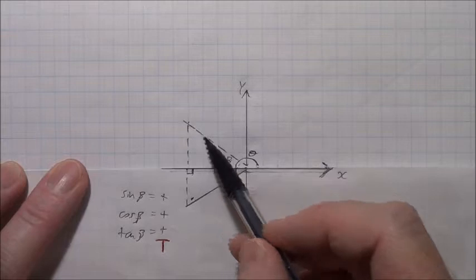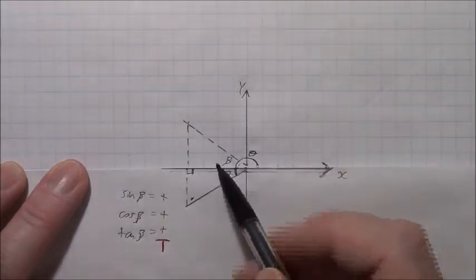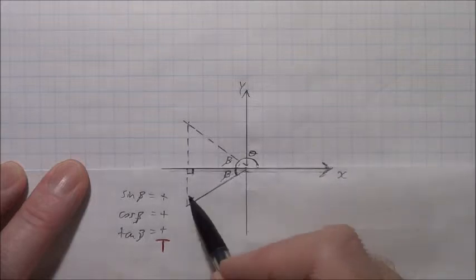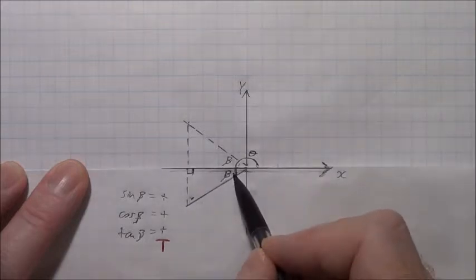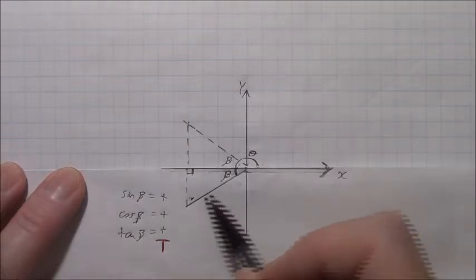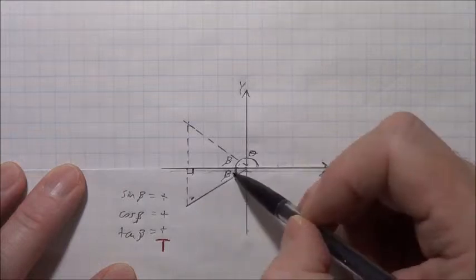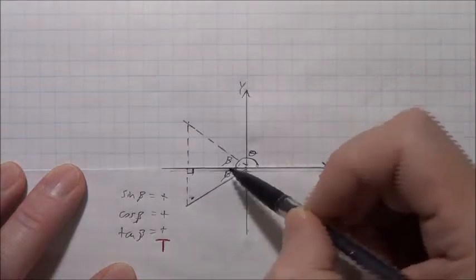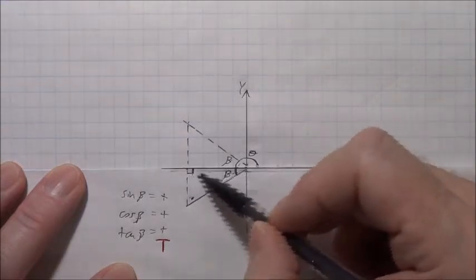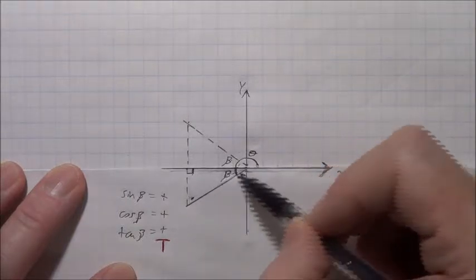So as this terminal arm rotated more and past the negative part of the x-axis, those two angles just started over again. Beta would be 1, then 2, then 3 as the terminal arm kept rotating, and this angle would get smaller as this angle got bigger. Okay, so it started out as like 89 degrees, and then 88, 87, 86, etc.